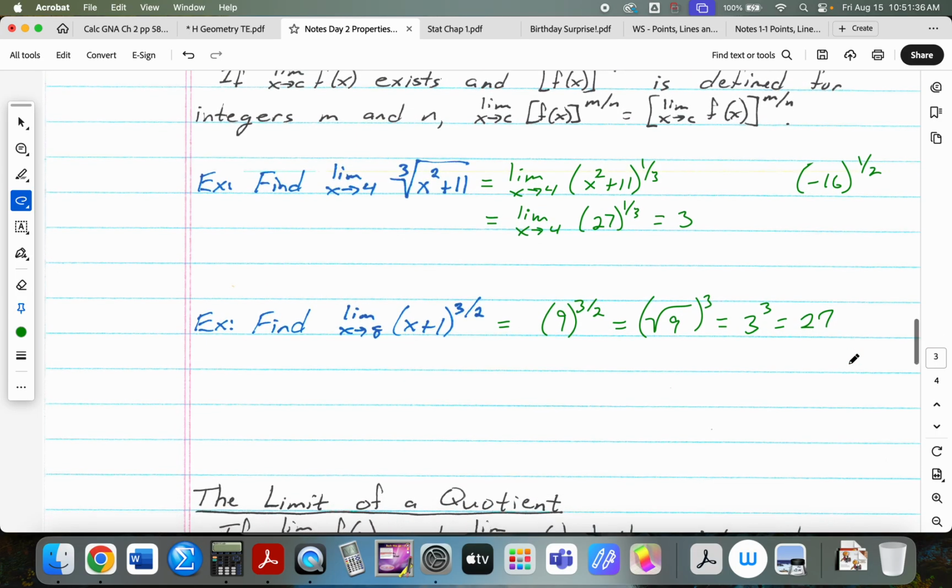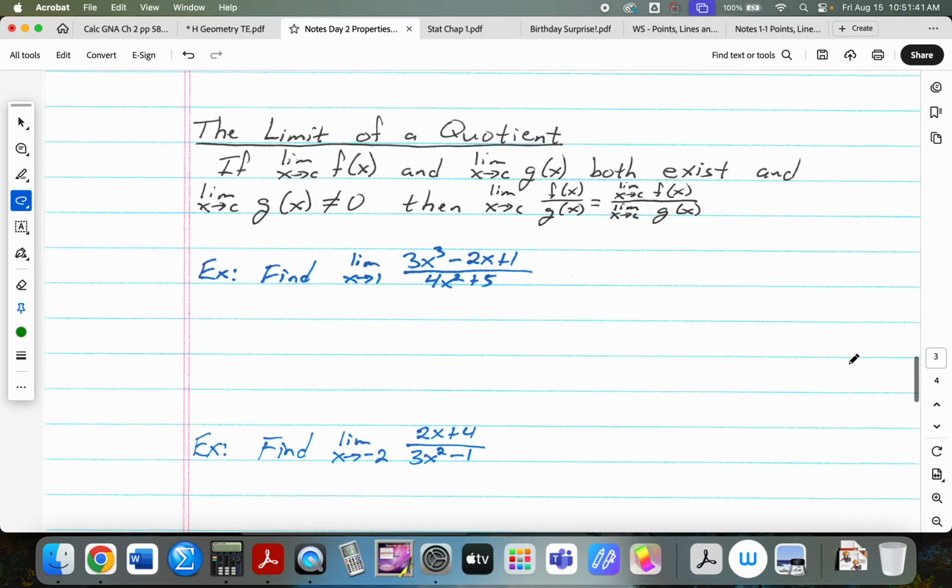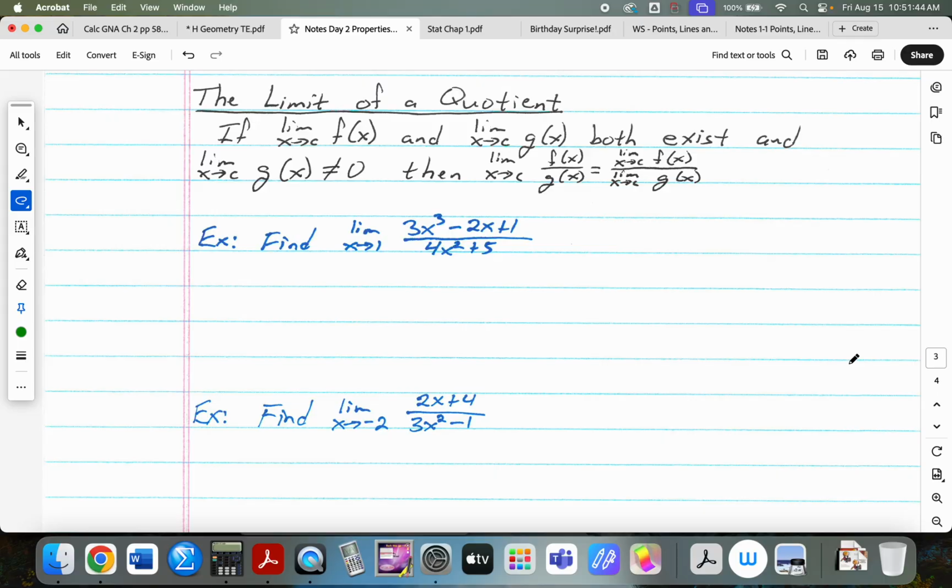All right. As I pointed out earlier, quotients were sadly missing, and it's because we have to be careful with quotients. So if the limit as x approaches c of f of x and the limit as x approaches c of g of x both exist, and there's the additional part, the limit as x approaches c of g of x isn't 0, then the limit as x approaches c of f of x over g of x is equal to the limit as x approaches c of f of x over the limit as x approaches c of g of x.